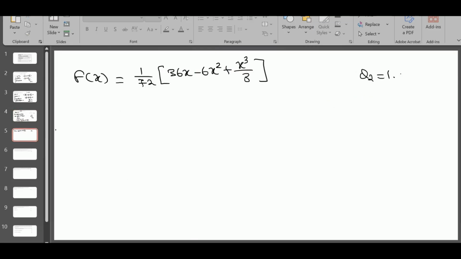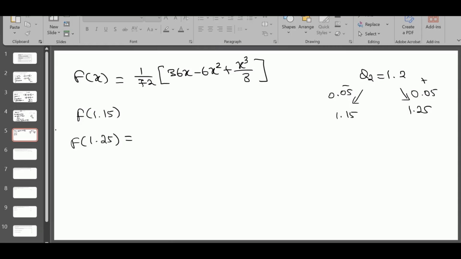Since it's one decimal place, you add and subtract 0.05. It's 1.15 and 1.25. Let's find F of 1.15 and F of 1.25. You should get a value smaller than 0.5 here and bigger than 0.5 here. So we can confidently say that the median lies between these two points. So definitely the median is 1.2.